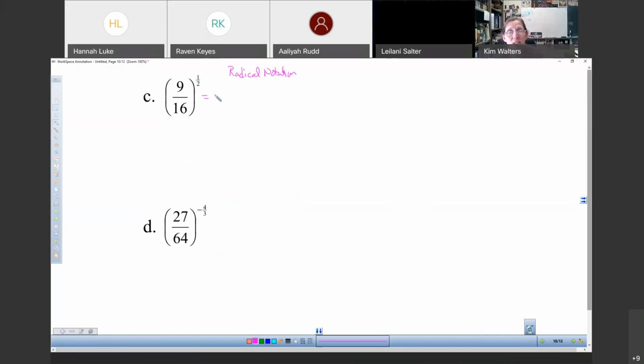So this is going to become the square root of 9 over 16. And that's going to be the square root of 9 over the square root of 16. And what is the square root of 9 over the square root of 16?